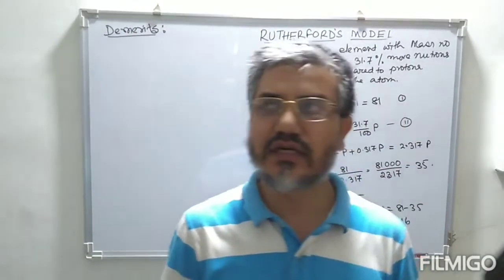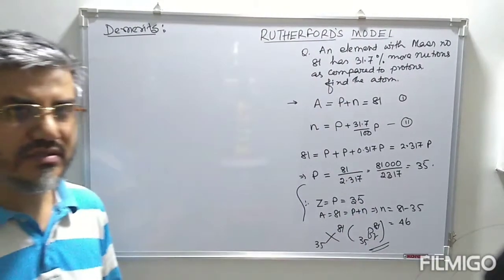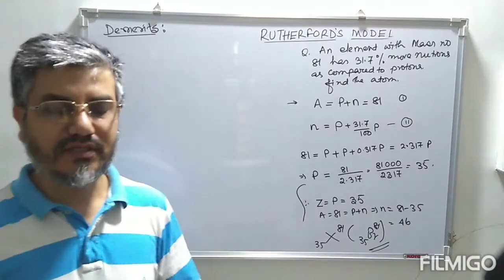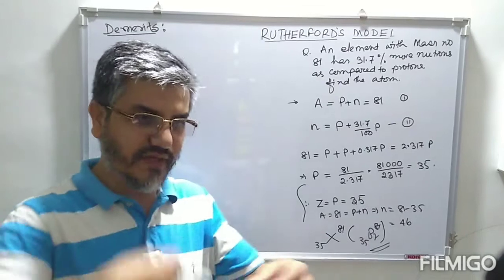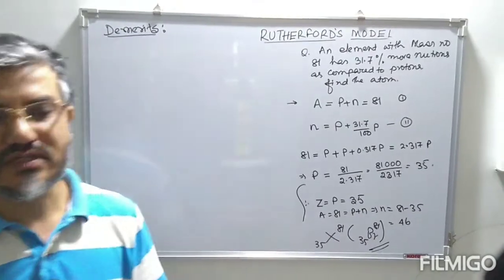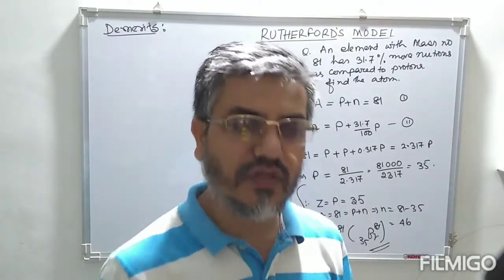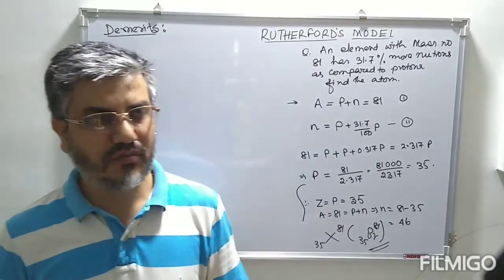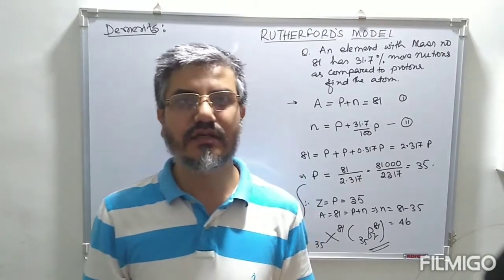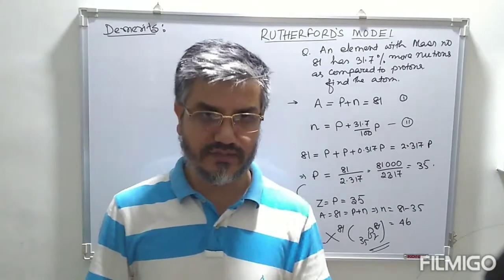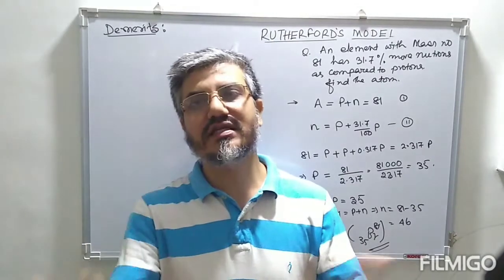First of all, this model says electrons, these negatively charged particles, are moving around the nucleus in circular orbits. But according to classical electromagnetic theory, when a charged particle is moving in a field of opposite charge, it emits energy continuously.